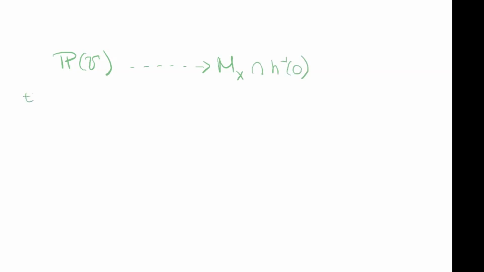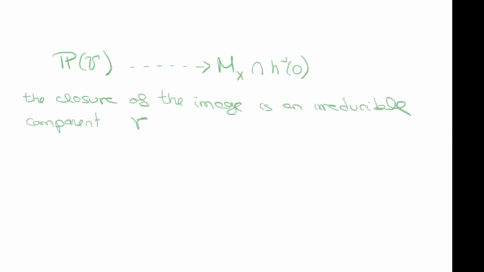And the closure of the image is an irreducible component whenever the invariant is at least 0 and smaller than 2g minus 2. Okay, and all components are like this. Okay, so this gives the components of the nilpotent cone.